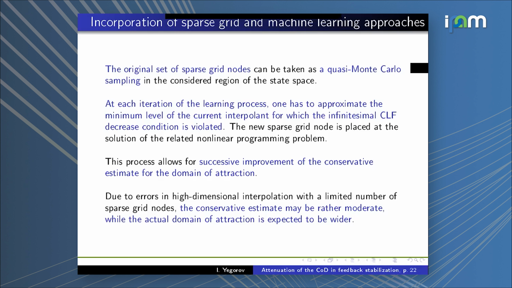Also, we have to know that this estimate is conservative. So in real life, the actual domain of attraction may be wider.